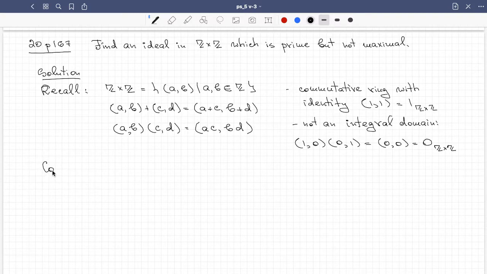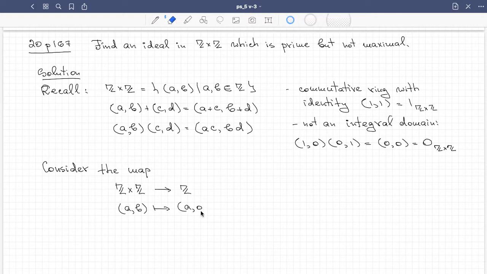So consider the map from Z cross Z to Z, which takes a pair (A, B) and maps it to A. Both of them are integers, we just take the first component.